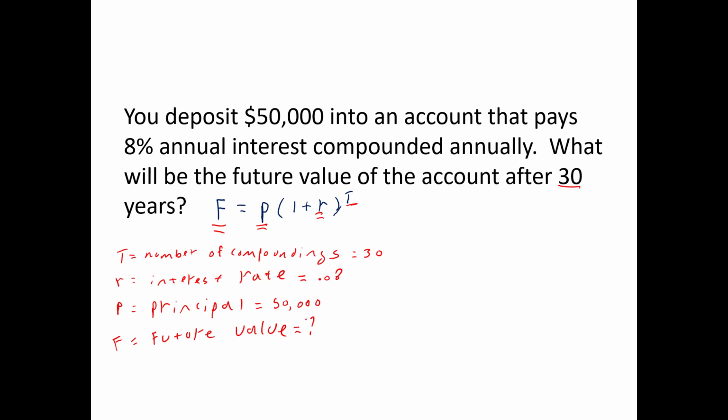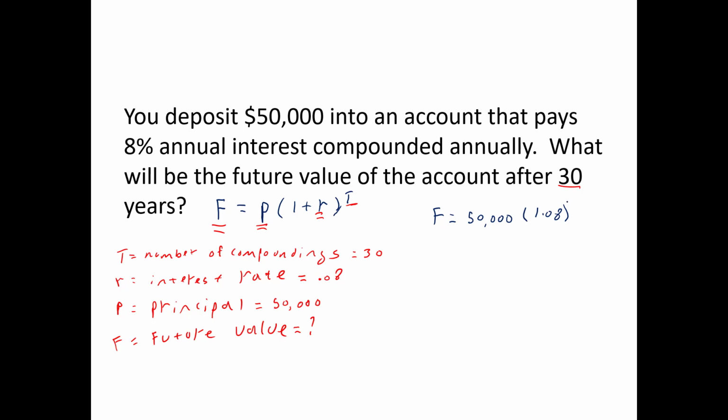Okay, and so then F is what we don't know. Your principal is $50,000. Your base becomes 1.08. Do that arithmetic in my head. 1 plus 0.08 is 1.08.